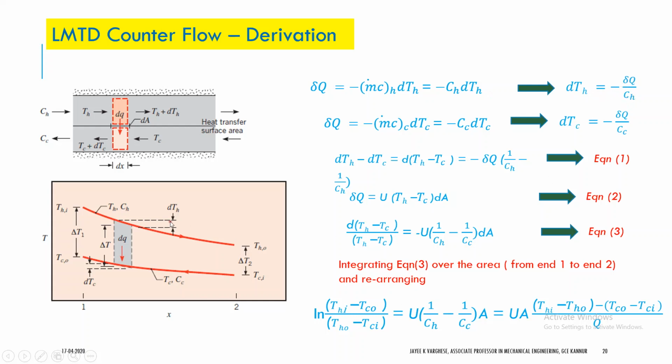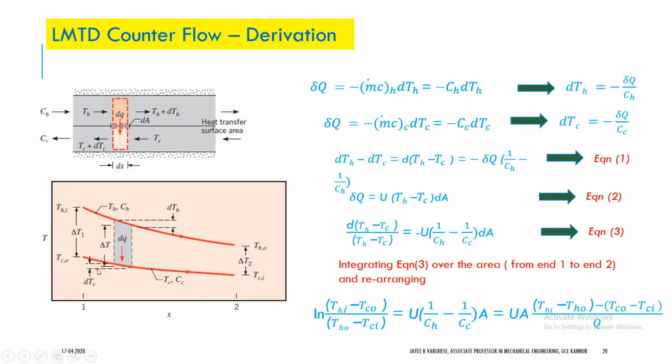Here again we can see that the hot fluid, when it flows from first end to the second end in the positive direction, this slope is negative, so in order to make this positive, we introduce a negative sign, so that delta q is equal to minus ch dth as before.